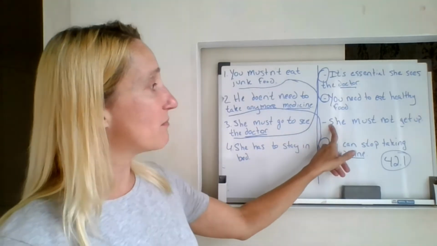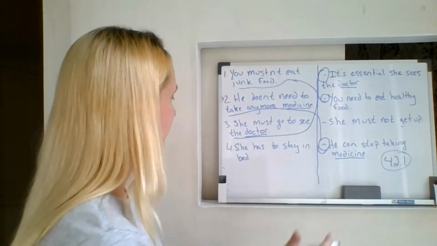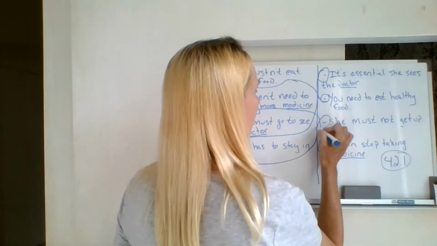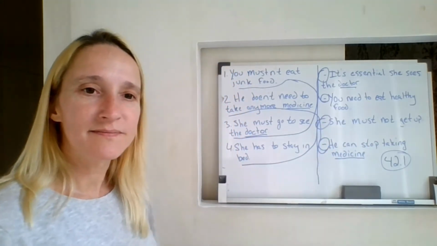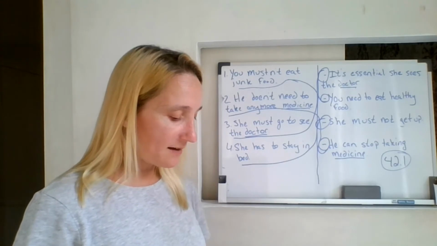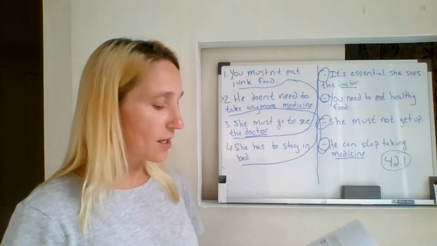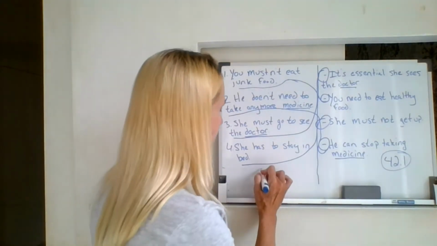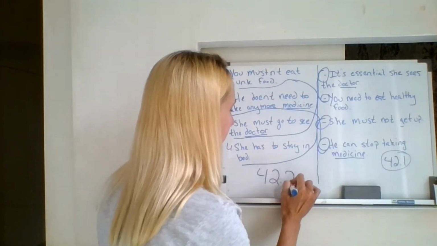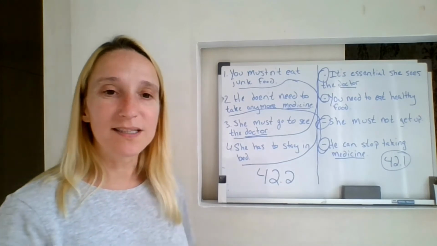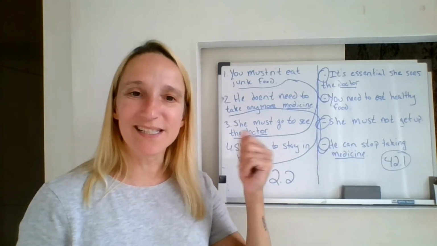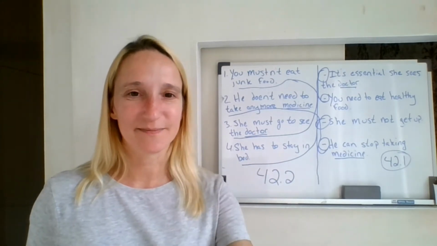So she must not get up. So number 4 matches with this one. I hope you all understood that. And I am ready to rock and roll to exercise 42.2. We're going to do that next, and it's going to be a breeze. See you in a second.